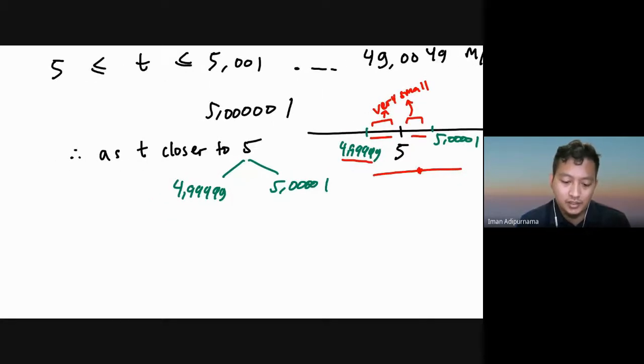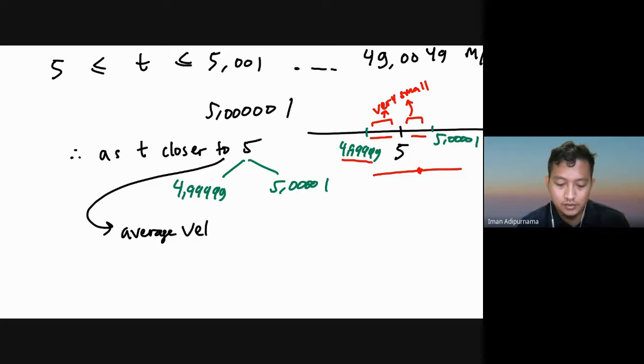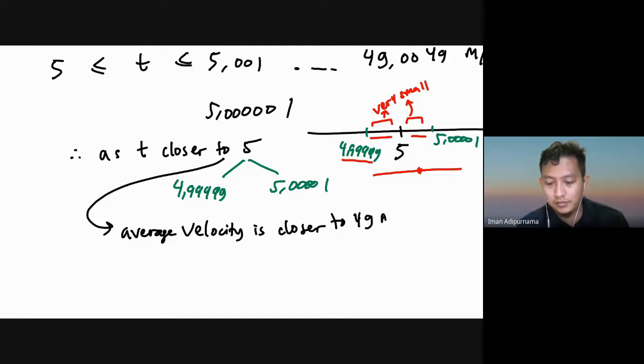But from here, as t gets closer to 5, the average velocity is closer to 49. But it's not 49. If we use limit, we can say it's 49.